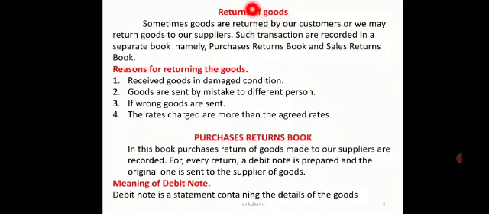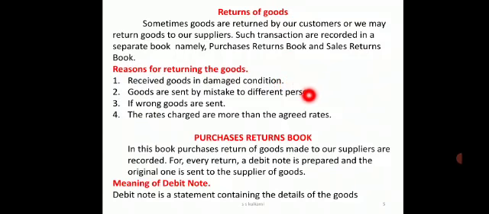Now why are these goods returned? It is because goods are received in damaged condition. During transportation there may be certain damages, so the customer who has purchased, or we, can claim damages from our suppliers, so returns of goods are done.